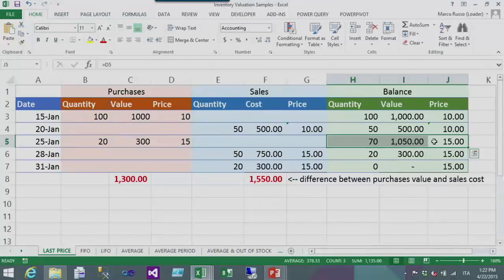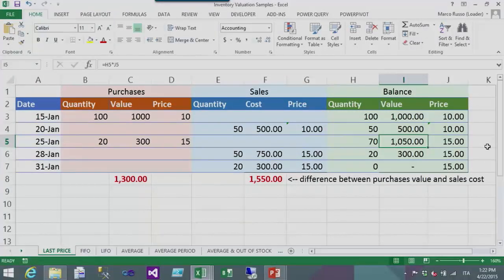The last price is a technique that says, okay, get the quantity that you have in the warehouse and multiply this quantity by the last price you had as a purchase price for these goods. If I use this technique, my value is 1,050 instead of 800.